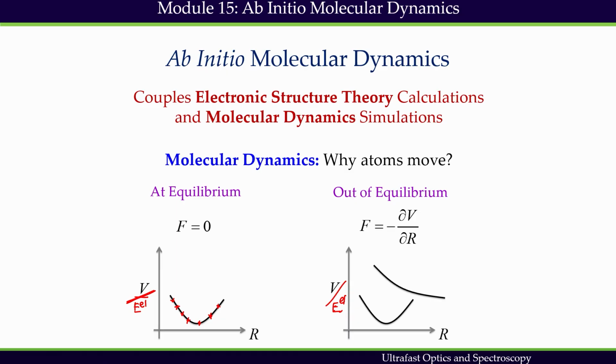In the potential energy surface, at the equilibrium point we know that the first derivative, dV/dR, is going to be 0. That is why the force is 0. So this point is called the equilibrium point.